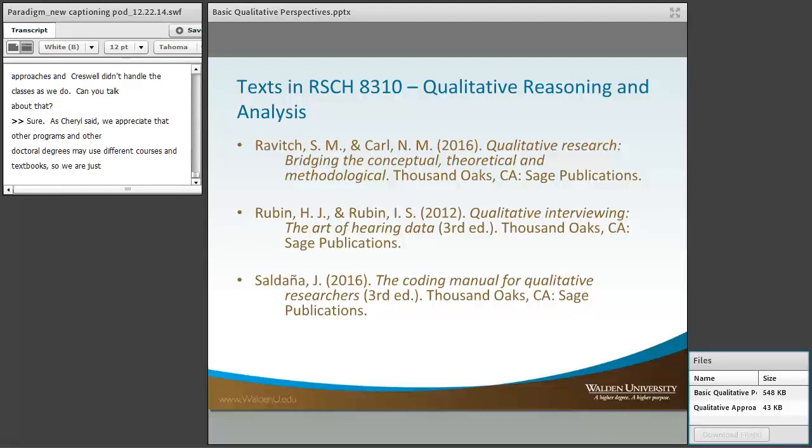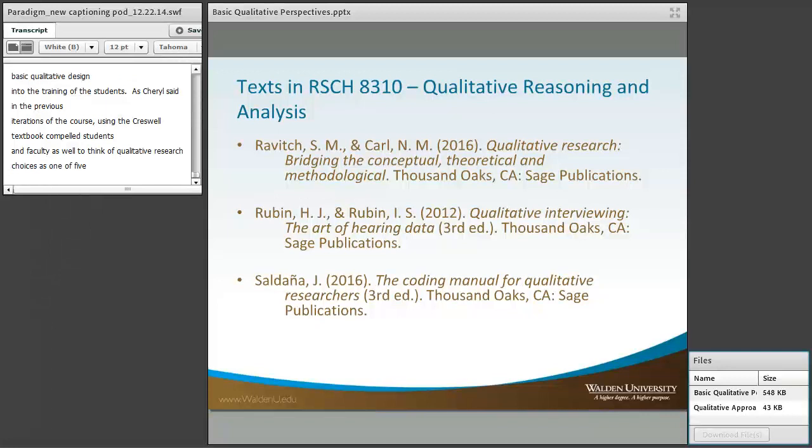So we're just presenting this as a framework for how we have shifted over the last couple of years to include the basic qualitative design in the training and development of the students. As Cheryl said, in the previous iterations of the course, using the Creswell textbook compelled students and faculty as well to think of qualitative research choices as one of 5.